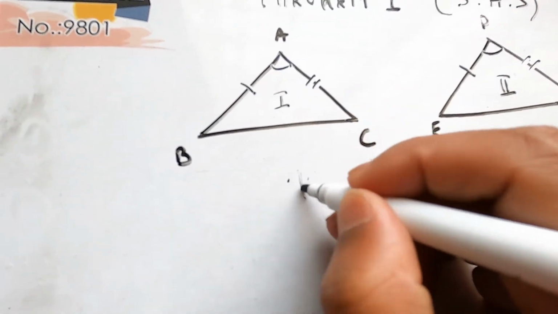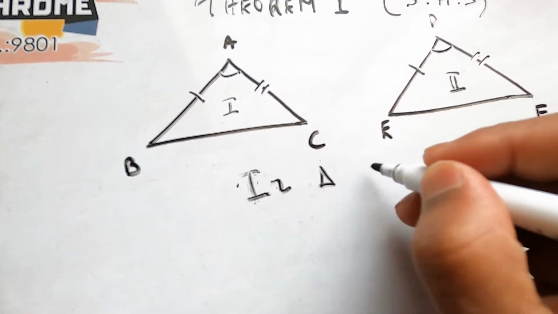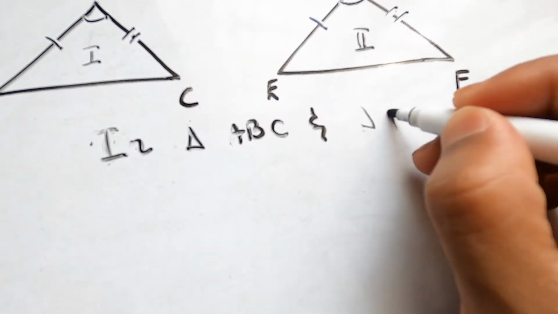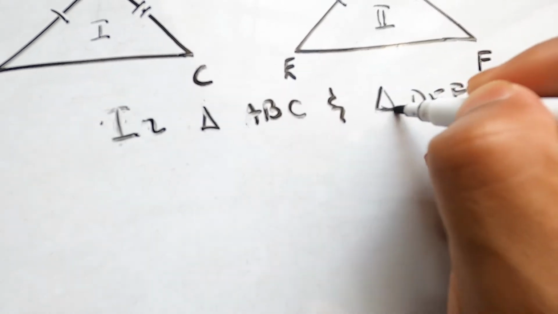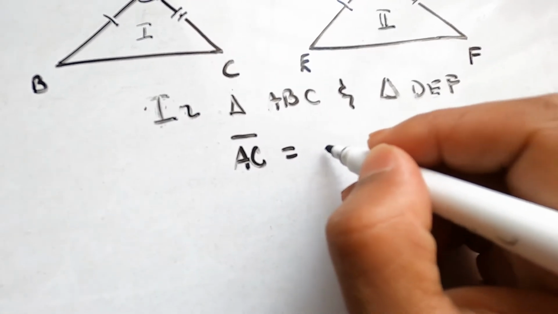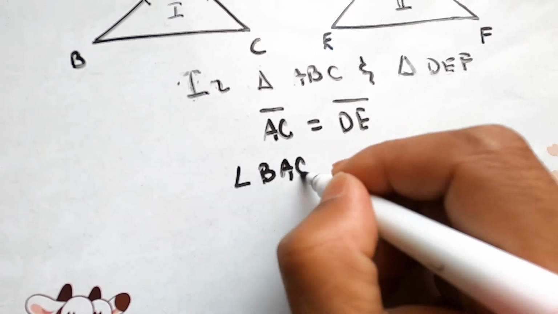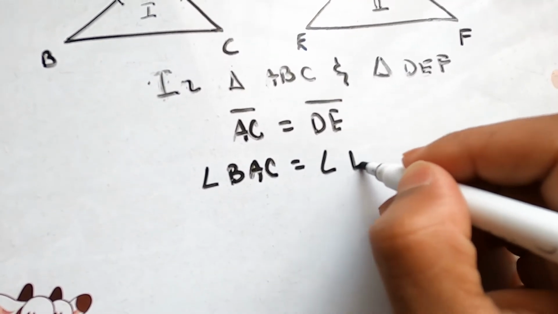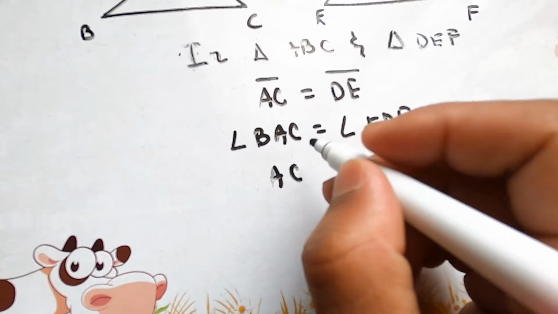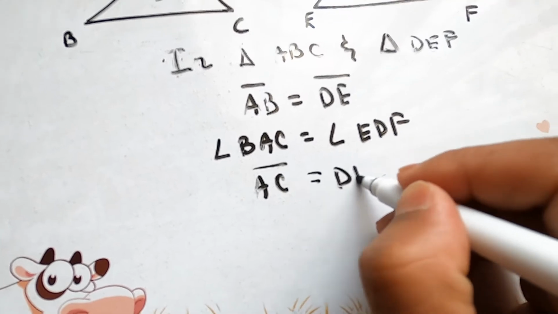For example, in triangle ABC and triangle DEF, we can say that side AB is equal to side DE, then angle BAC is equal to angle EDF, and side AC is equal to side DF.